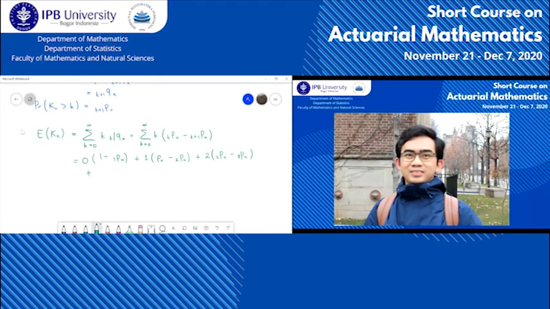Plus for k equal to 3, 3 times 3 px minus 4 px, plus 4 times 4 px minus 5 px, and so on.